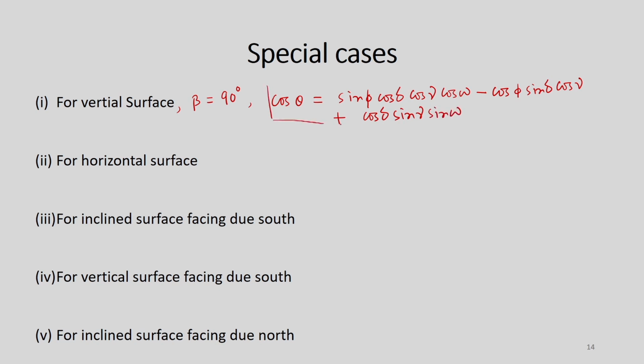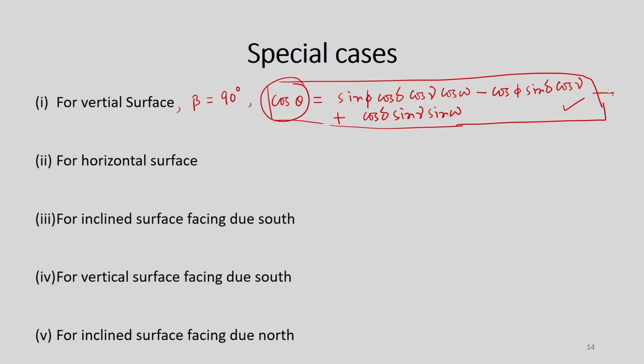So, this will be the expression. So, for a vertical surface, beta is 90 degree, we can use this expression to calculate cos theta. Okay. This equation maybe we can name as B.